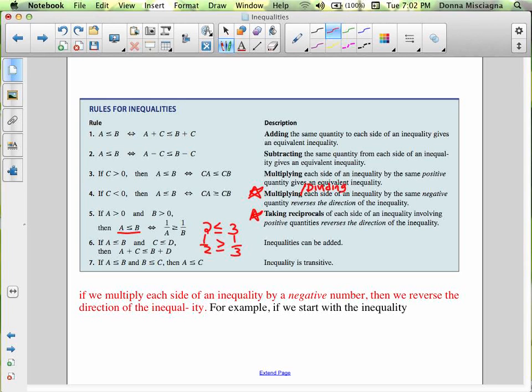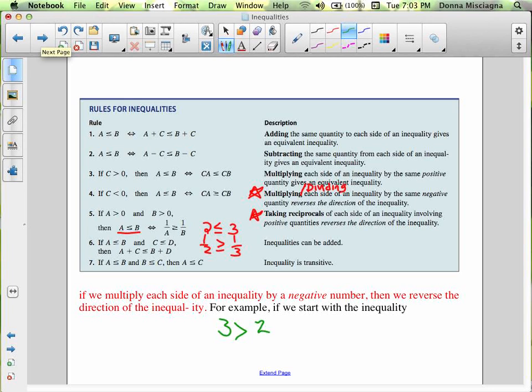So if we multiply each side of an inequality by a negative number, we reverse the direction of the inequality. For example, let's just do something really, really simple, without even an x in it.